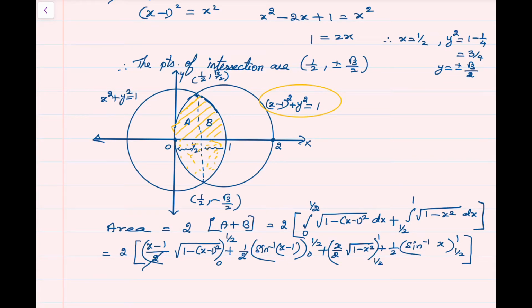Now, we have 2 common. Let us cancel 2 throughout with the 2 which is outside.